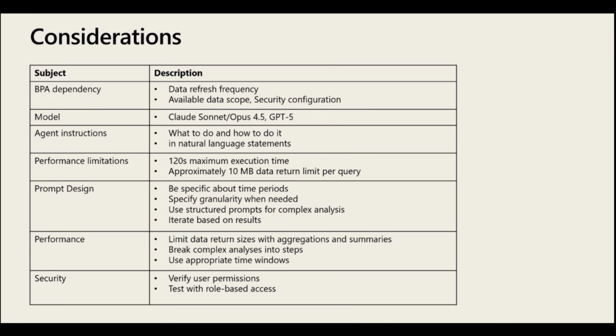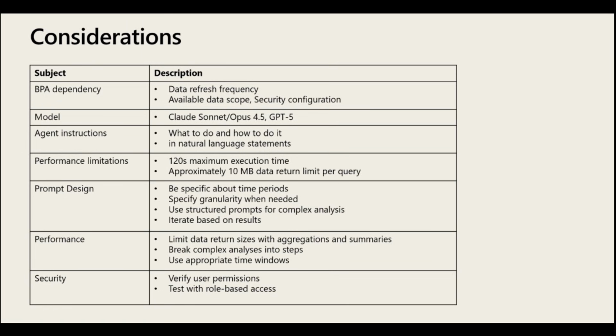Security configuration, of course, I talked about this. The model is important, right? Claude Sonnet, or Opus 4.5, or ChatGPT 5.2 models are working. Agent instructions, we have to have that to get the best outcome, right? You can describe in plain natural language the statements I'd like to make. There are some performance limits, right?